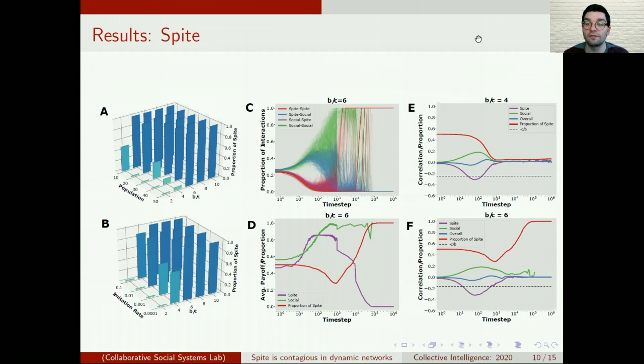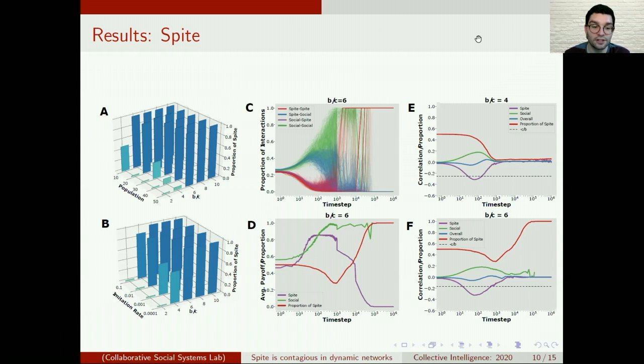That would be the payoff that a social agent receives in a mixed strategy type interaction. And so this is reducing the cost that the spiteful agent pays and increasing the harm they inflict. If this value is sufficiently large, spite will become the norm in the population.